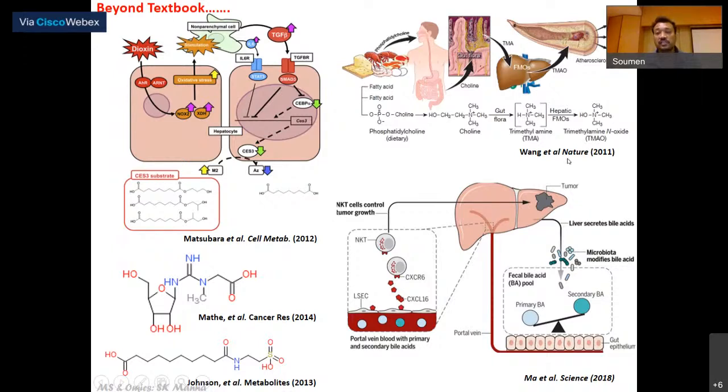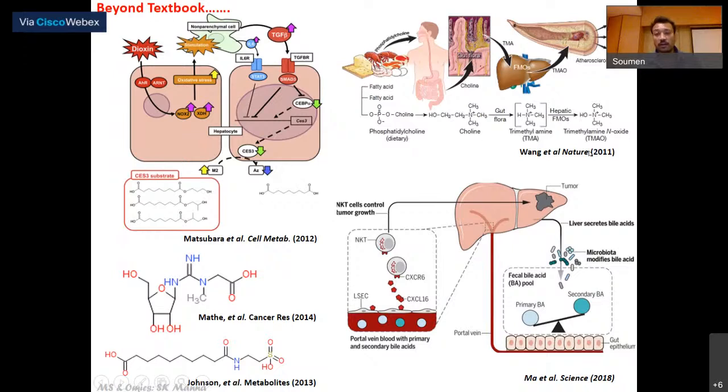These types of metabolites are called co-metabolites because they are partly produced by our own endogenous enzymes, and partly produced by enzymes from other organisms which are cohabitants, in this case the gut microbes. This metabolite has been shown to be very important in driving inflammation, atherosclerosis and cardiovascular disease.